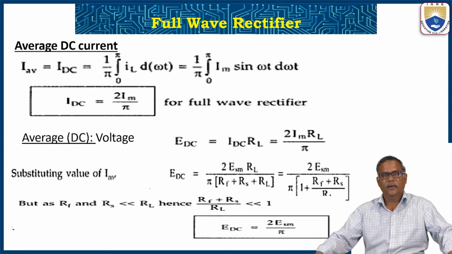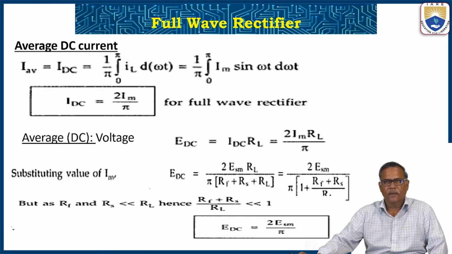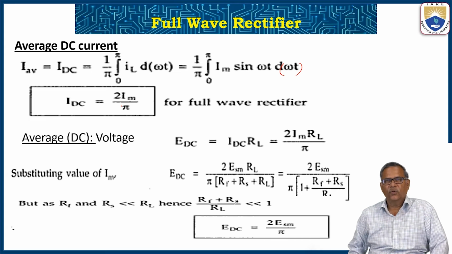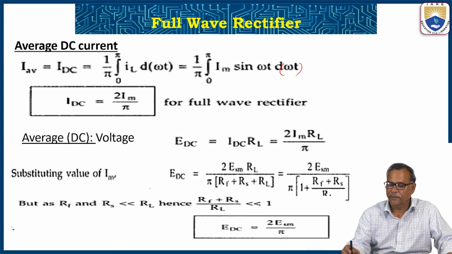So we have calculated the DC current: 1 by pi into the integral from 0 to pi of IL d omega t, that is 1 by pi into the integral from 0 to pi of Im sin omega t d omega t. That gives us the value 2 Im by pi. And what is the corresponding value for the half wave rectifier?